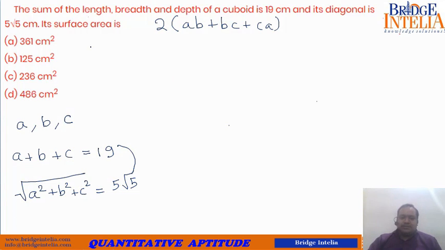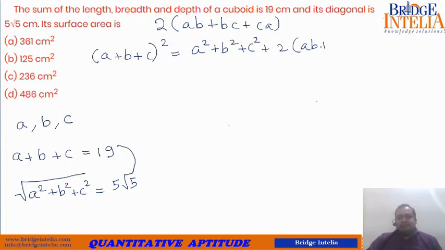Let's see. We'll have to take help of algebra. A plus B plus C whole square is equal to A square plus B square plus C square plus twice of AB plus BC plus CA. And if you see carefully, this is what we are trying to calculate. So let's do that.